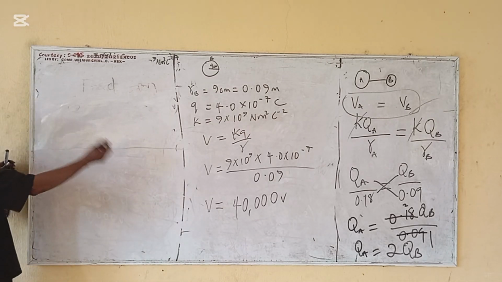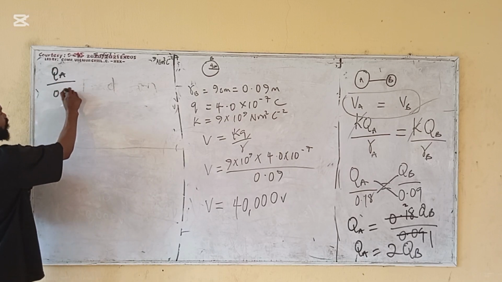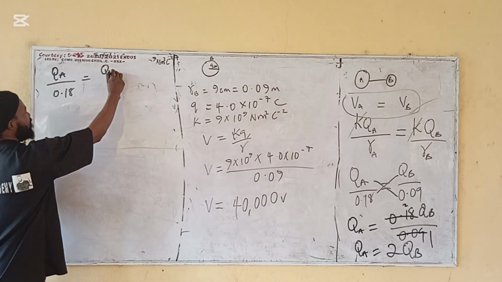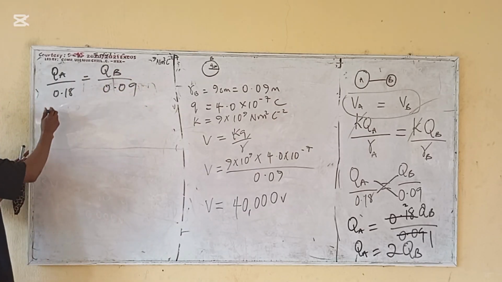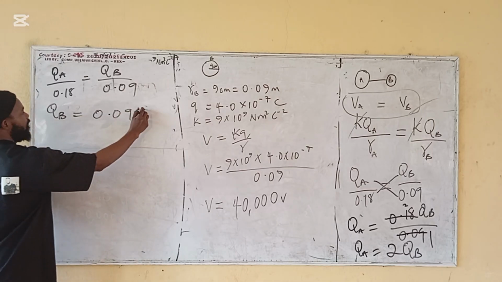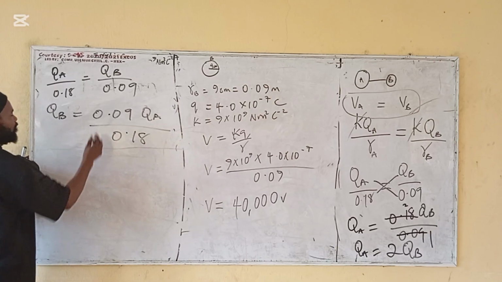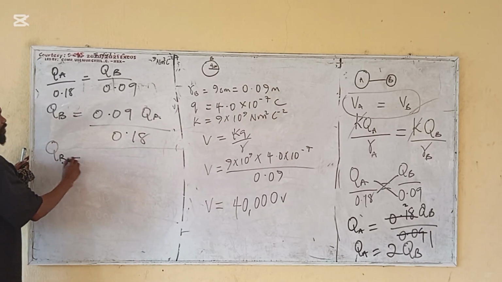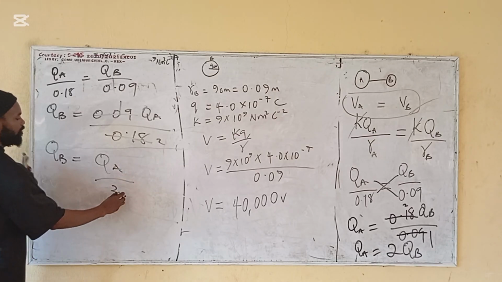Yes, but let's check something. If I have QA over 0.18 equals QB over 0.09, and I make QB the subject of the formula here, I will have QB equals 0.09 QA over 0.18, so QB equals QA over 2.